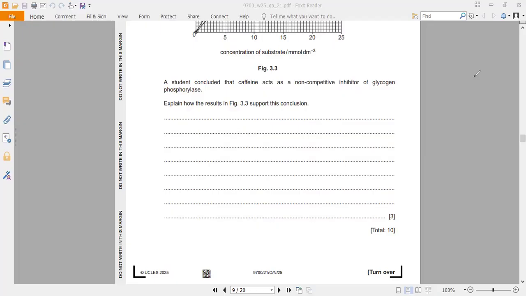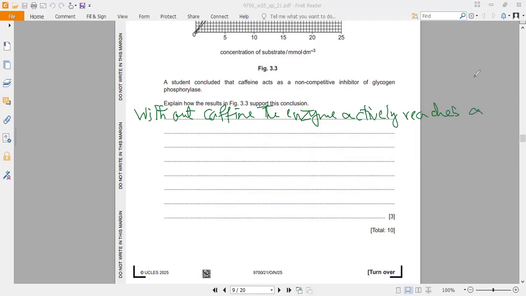Without caffeine, the enzyme actively reaches a maximum velocity, V maximum, of approximately 195 arbitrary units.